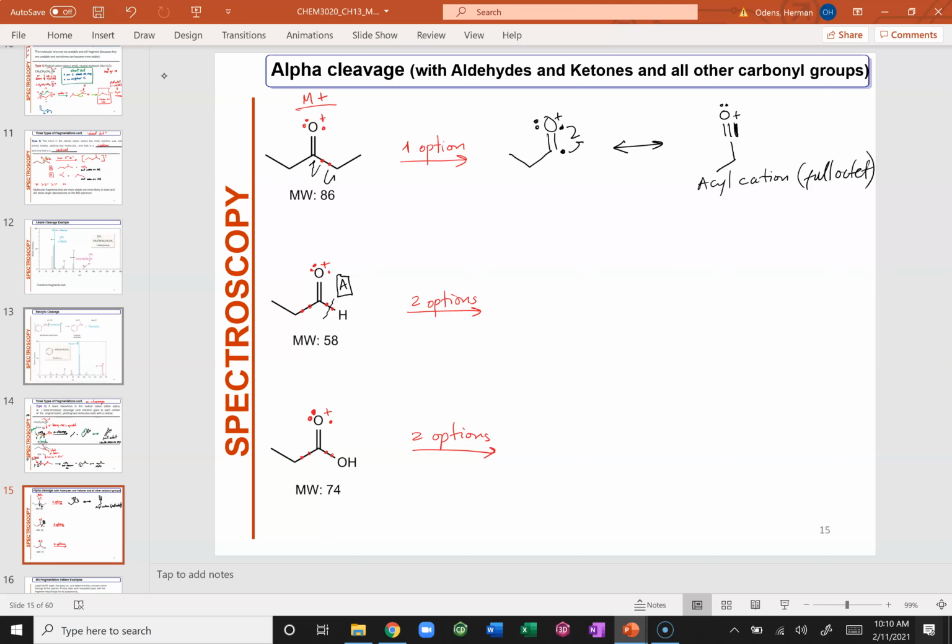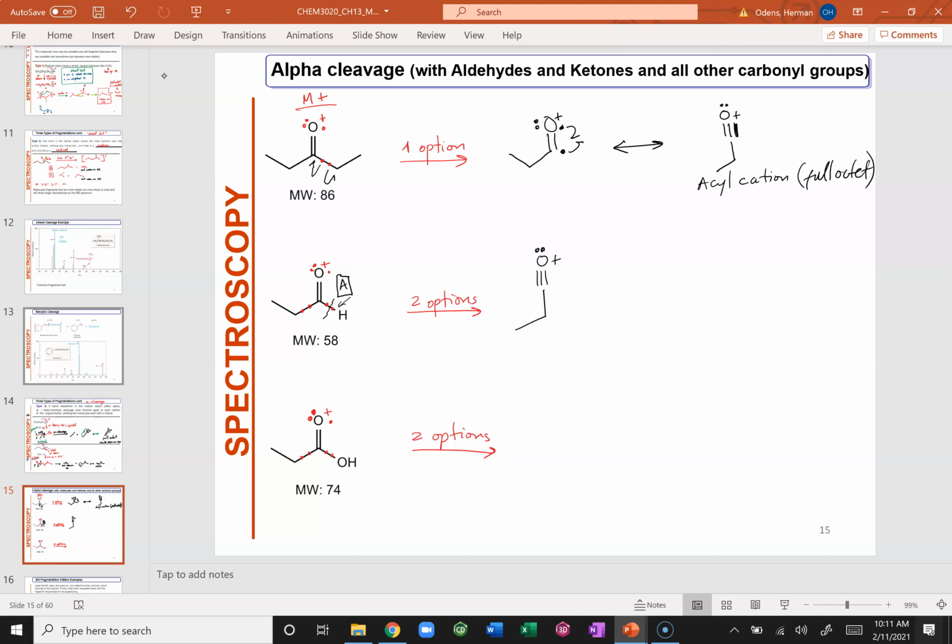And you could also get the same fragment if you do a direct hit. If you do a direct hit there, you'll get it.